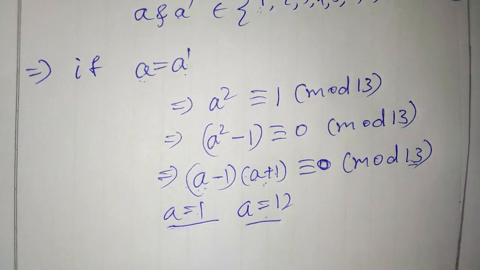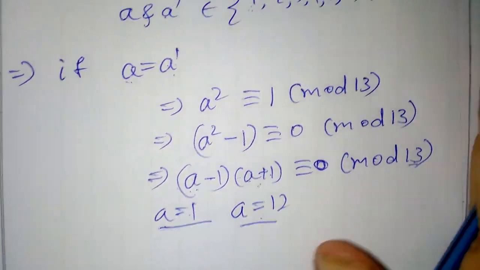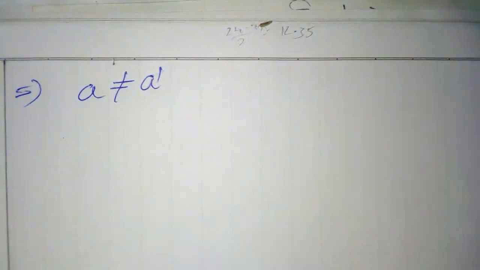Now we consider the second case, that is if a is not equal to a dash. If a is equal to a dash, then we get a is equal to 1 and a is equal to 12.